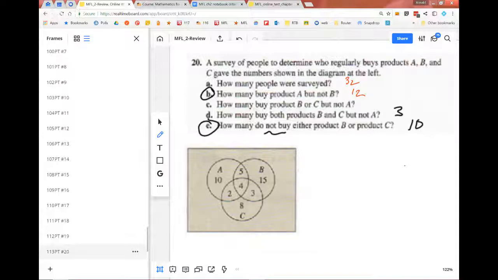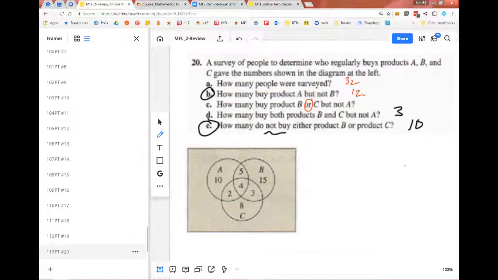B or C. So what does the word or mean in the sets chapter? Would that be intersection?